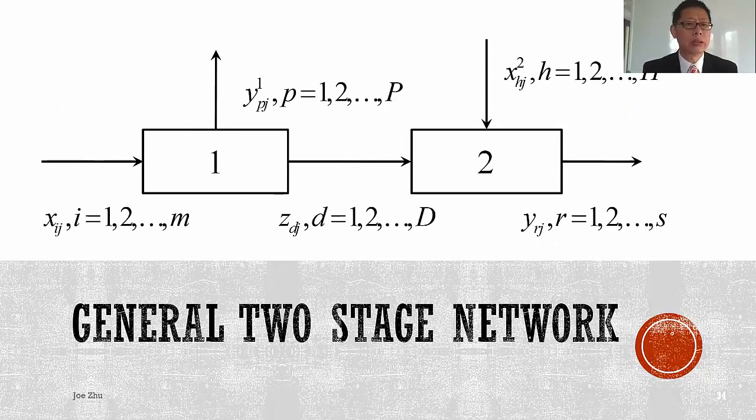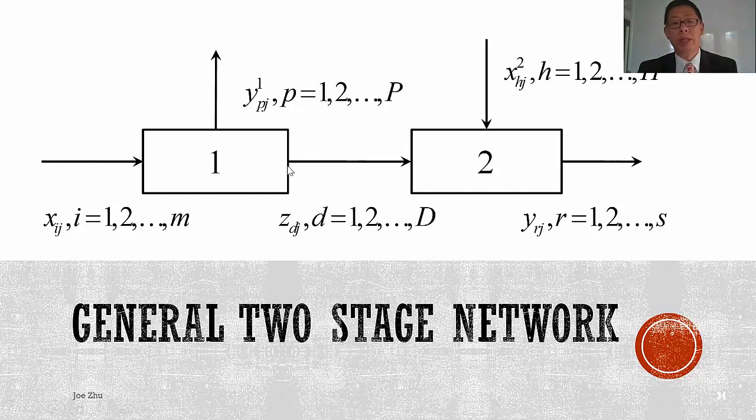So let's take a look at the mathematical models very quickly on a general two-stage network. Here I use the arrow. You can have the input come in, but it depends. If it's not a production model, you don't have those arrows in there. So this picture gives you a sense that you have a linkage, which is the Z variables.